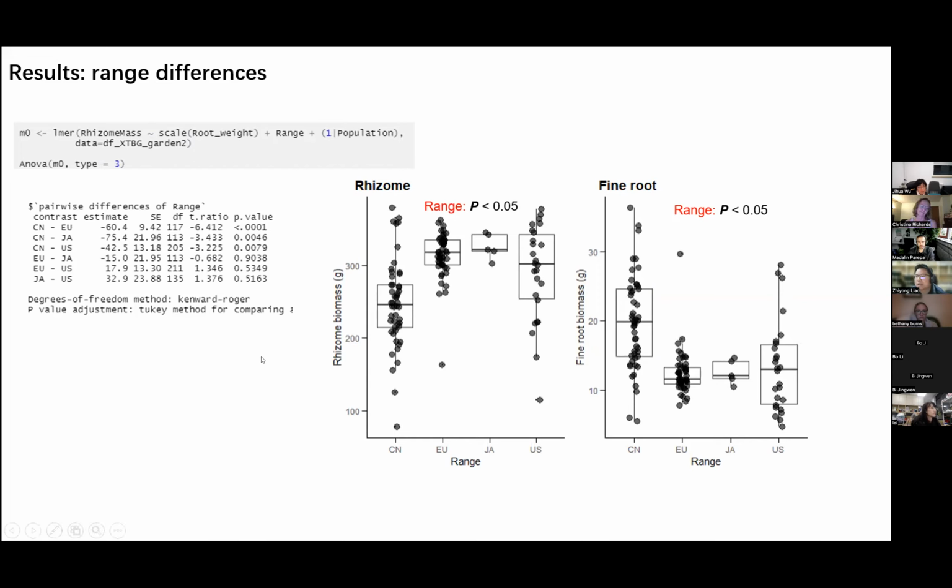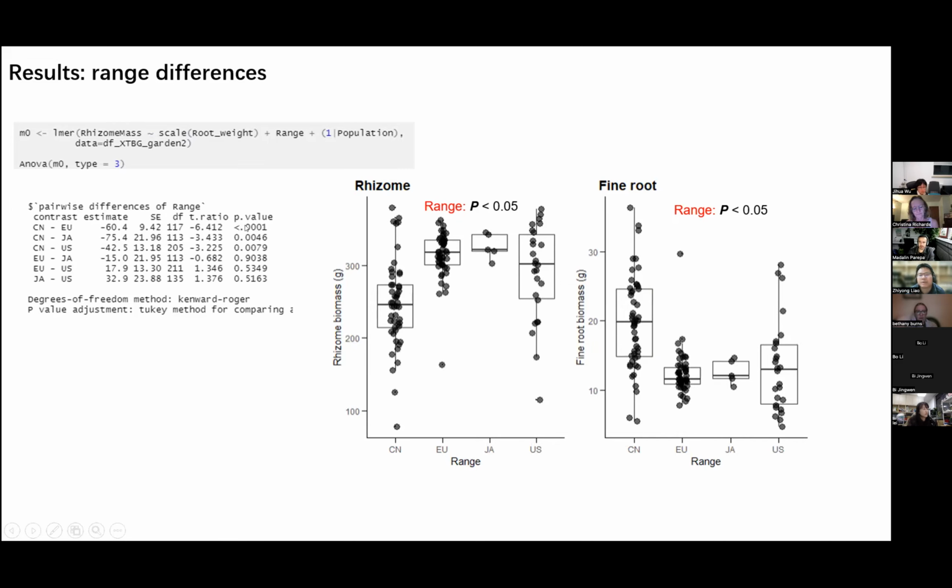We found that the Chinese populations have significantly lower rhizome biomass compared to the other three regions. These are the post hoc comparisons: Chinese to European, Chinese to Japan, and Chinese to US populations.